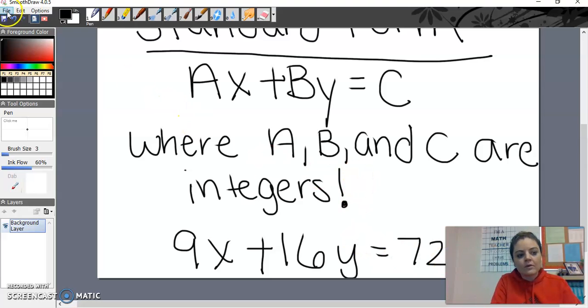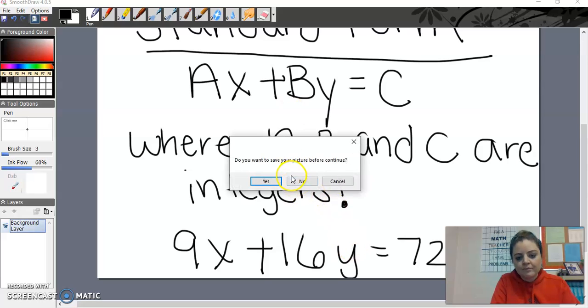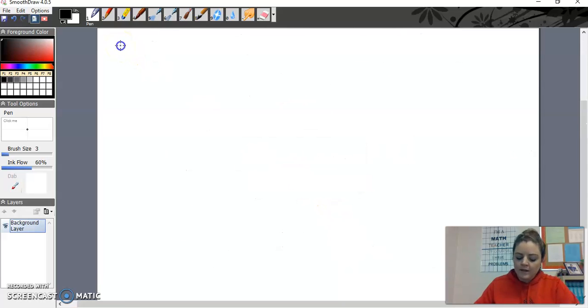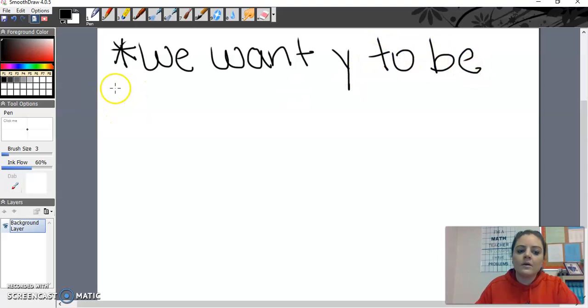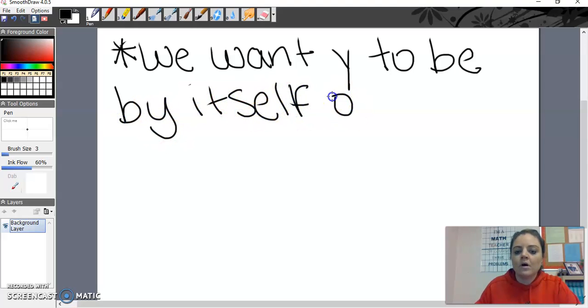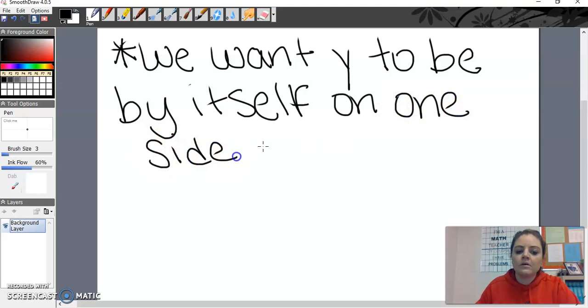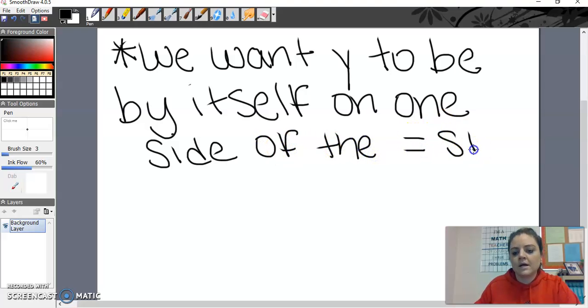So I'm going to get a new sheet of paper. And I want you to write this little note to yourself. We want y to be by itself on one side of the equal sign.